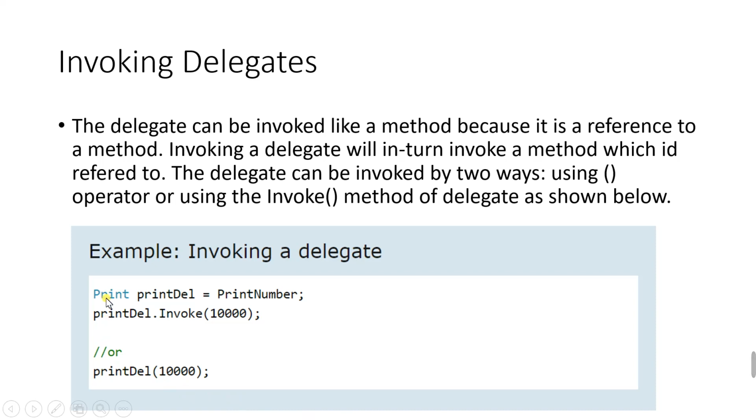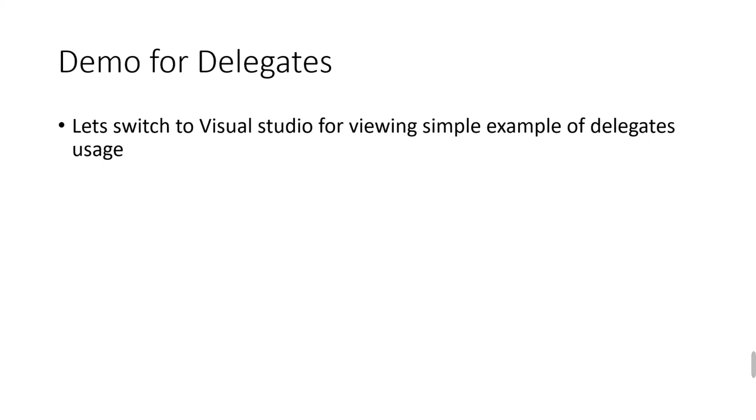So in this function we are assigning the object by the print number function, and once the print number function is assigned, we are calling a method that is invoke with the delegate object. So print del dot invoke and the parameters, so it will directly call your delegate. So the invoke function is used for calling the delegate.